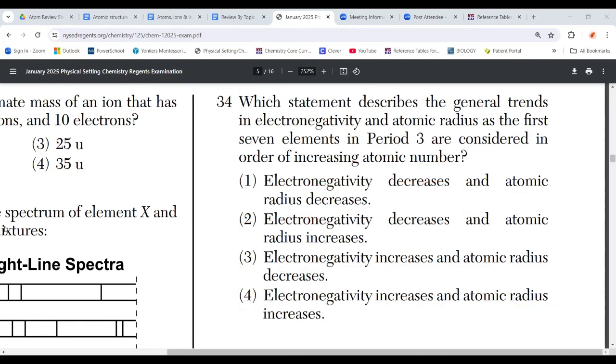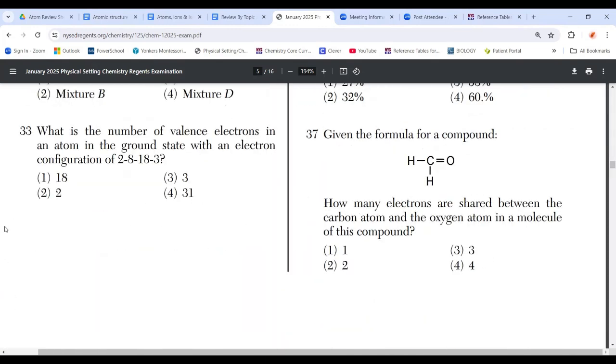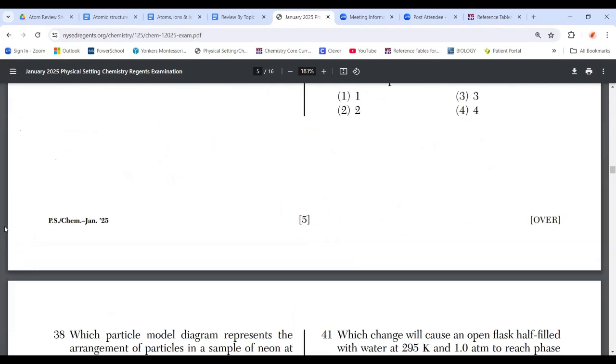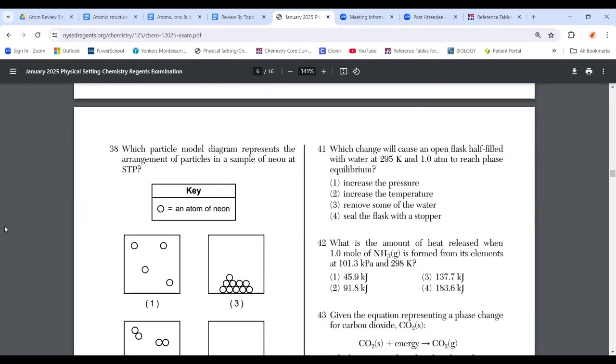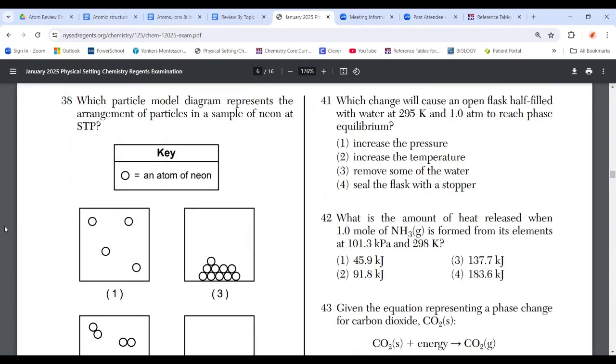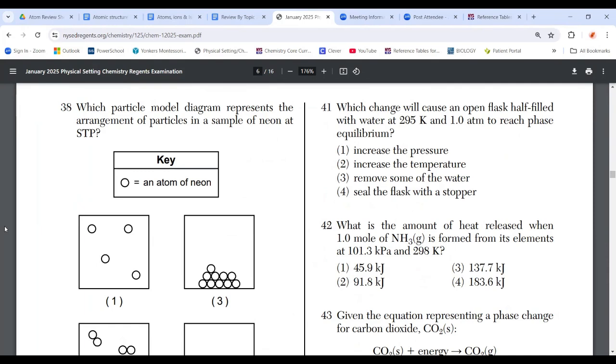All right, that brings us to 38. The reason I put this one in this category is because it has to do with your knowledge of the periodic table and also with atoms bonding.